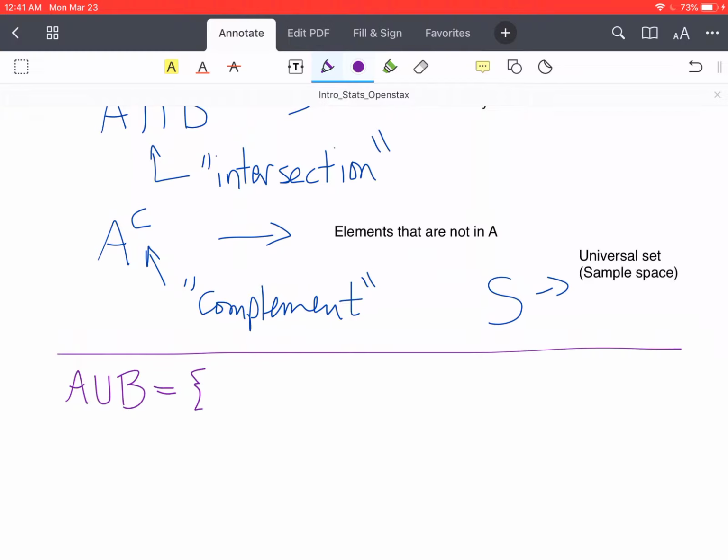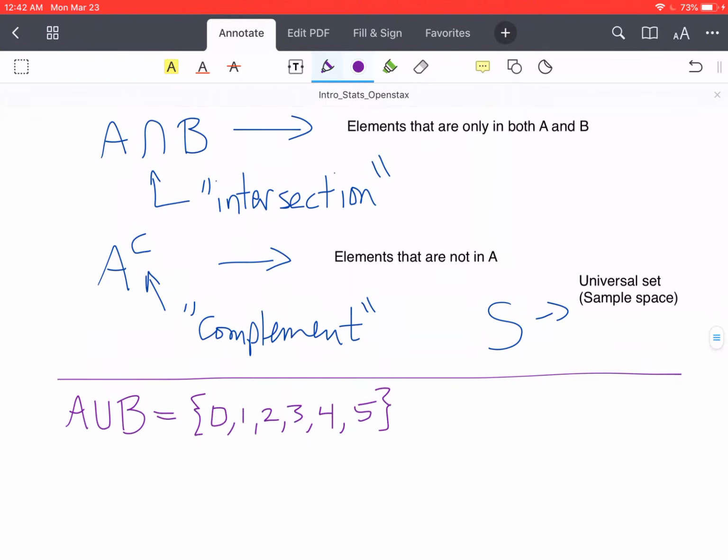I'm just going to take every value from both of them. So that's 0, 1, 2, 3, 4, and 5. Notice I didn't repeat anything that shows up multiple times. I just want to know which values are in it, not how many times they show up.